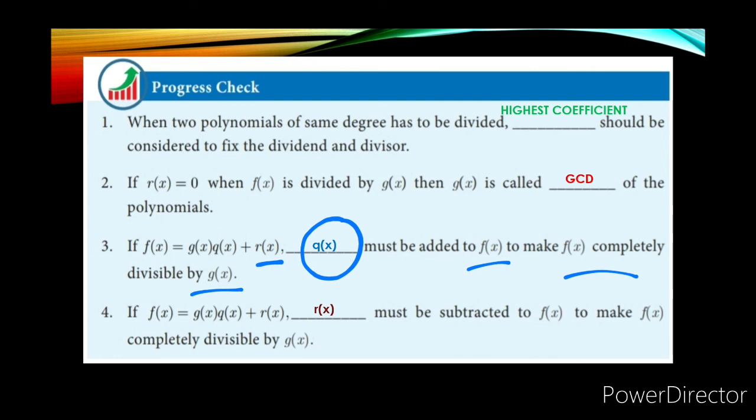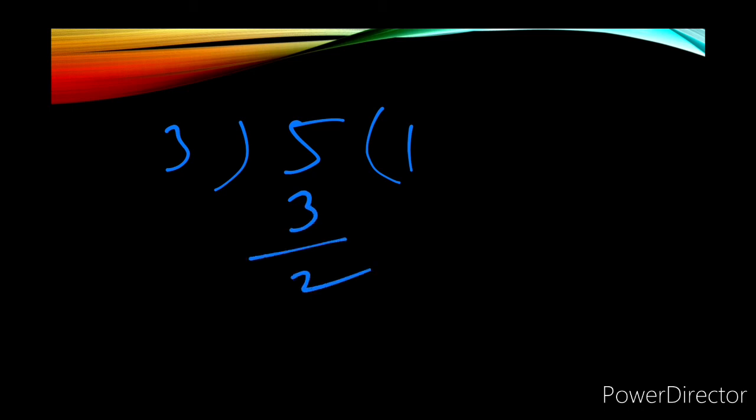Fourth one, if f of x is equal to g of x into q of x plus r of x, dash must be subtracted from f of x to make f of x completely divisible by g of x. So, again I will explain through example. I take the same problem, same number 5 divided by 3, 3 ones are 3, remainder 2.